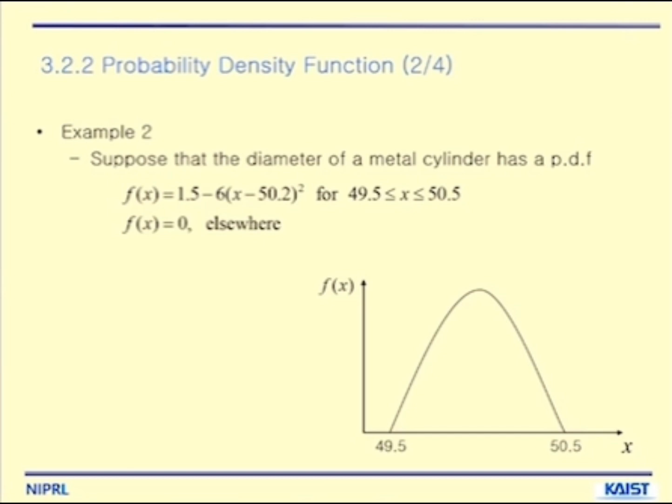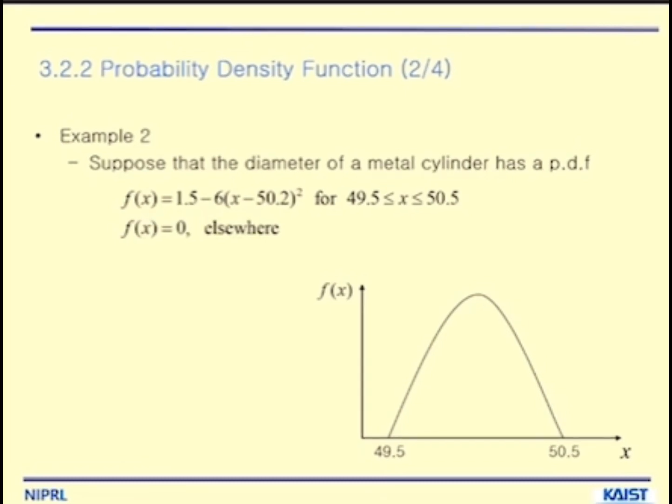Go ahead. Exactly. It's like you're plugging the values into the expression. So it's like you are plotting y against x. Y in this case is f of x. That's exactly what we're doing. Any other question? So far, so good, right?